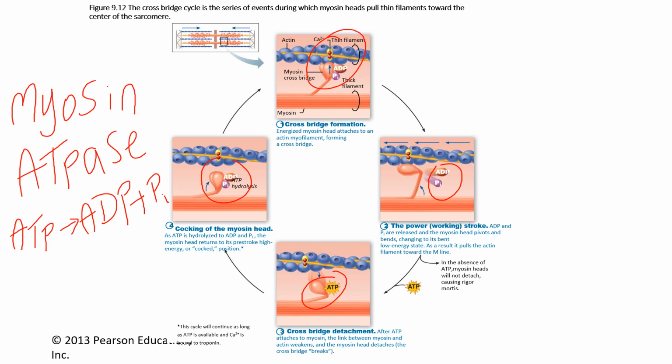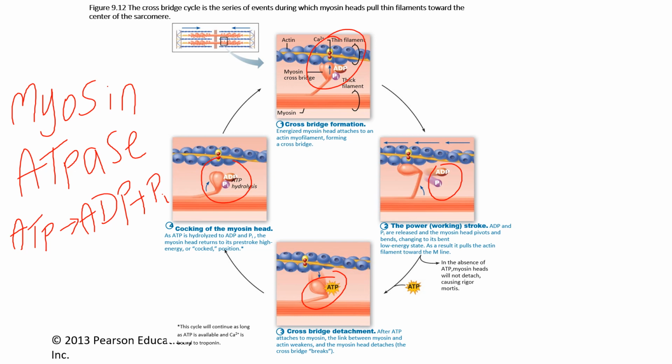For us to stop that cross-bridge cycle, we must push the calcium back into our sarcoplasmic reticulum. Once calcium is pushed back into the sarcoplasmic reticulum, tropomyosin is going to block the active sites on your actin subunits.